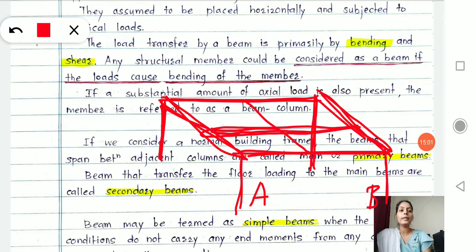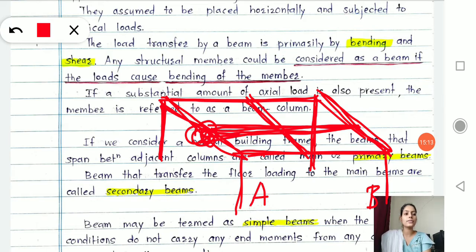But these two middle beams, this one and this one, do not rest on the columns. They are not resting at the junction on the column. No, they rest on the beam. They rest on this beam.